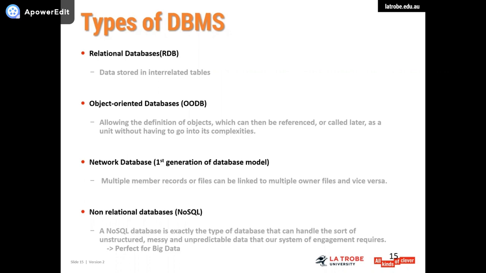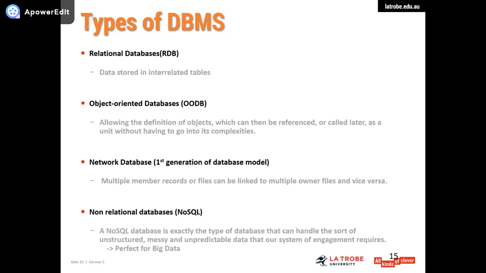The object can then be referenced or correlated as a unit without having to go into its complexities. It is very similar to the objects used in object-oriented programming. And then it's the network database.